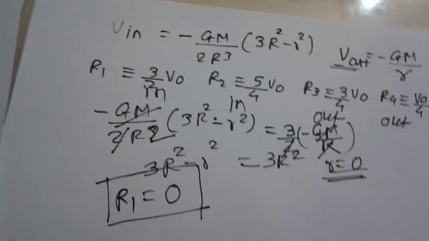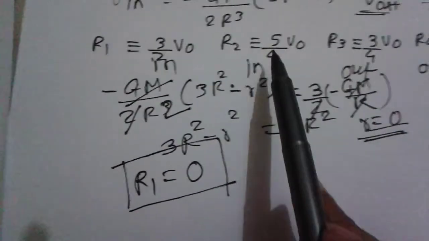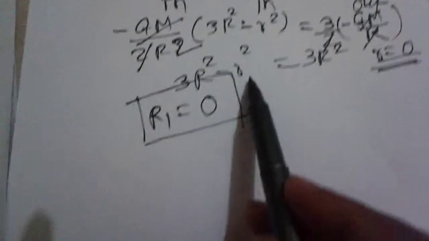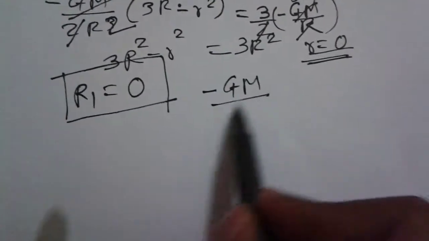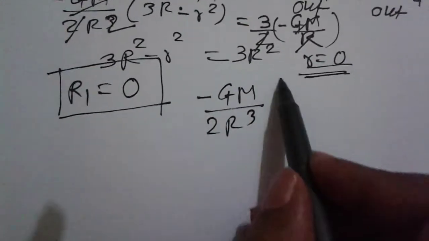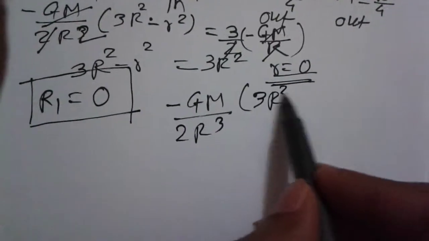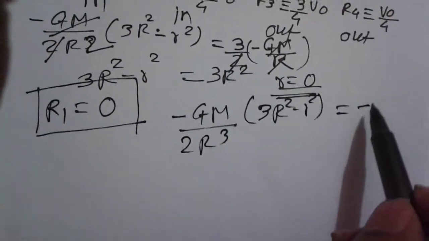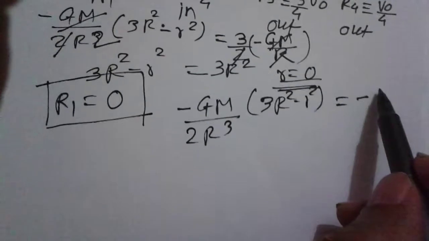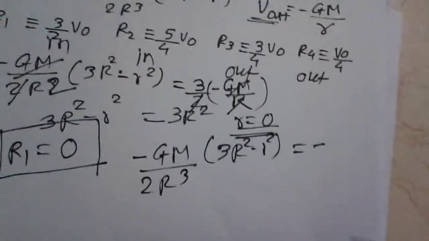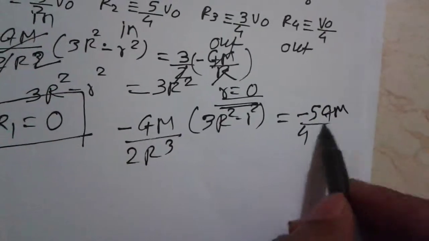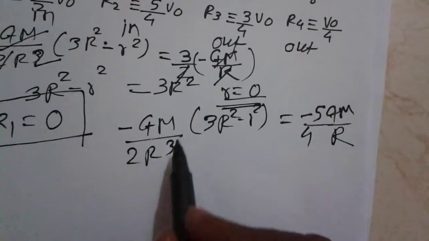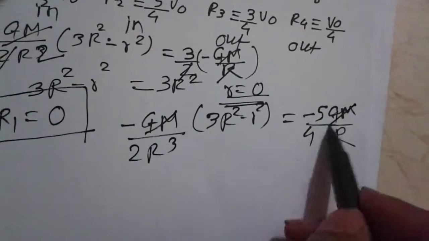Now let us compute R2. For R2 we have 5/4 V0, so let us compute the value of R2 here. Again I will use the same thing, minus GM upon 2R cube into 3R square minus r square is minus of 5/4 GM upon R. Again let us cancel GM here.